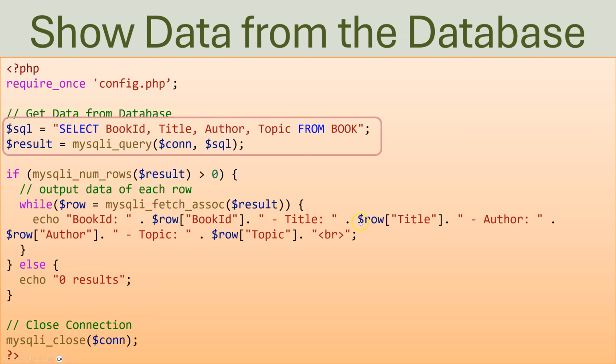Then we use $row title in order to retrieve the title. Then row author, and finally row topic in order to retrieve the topic. And then we get one element at a time by iterating inside a while loop like this.